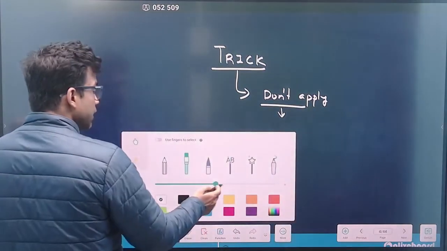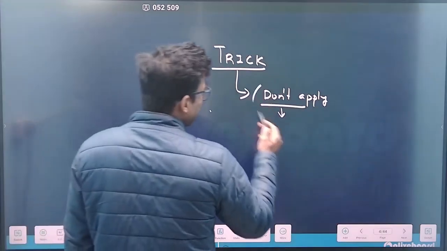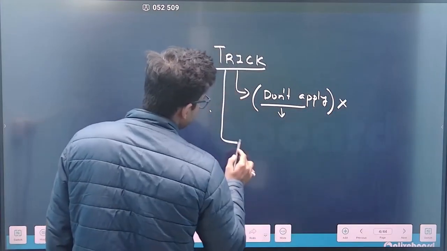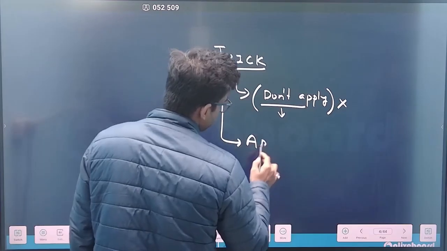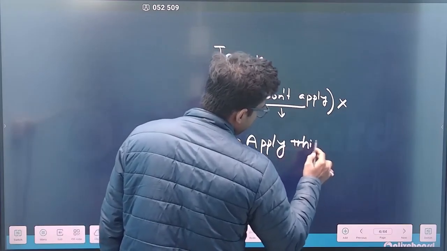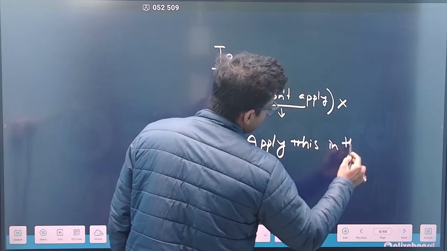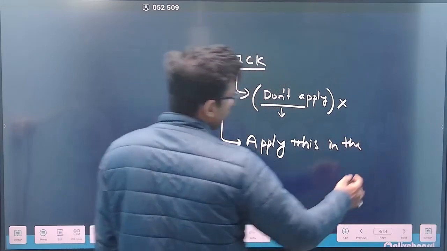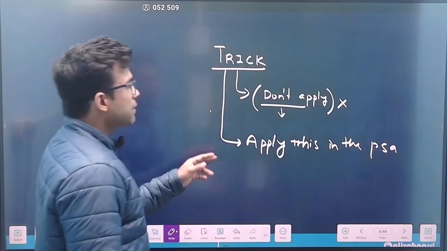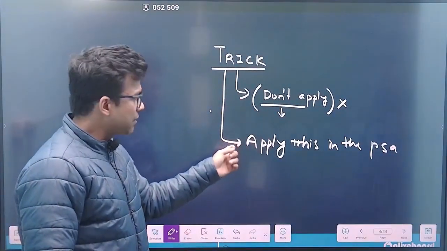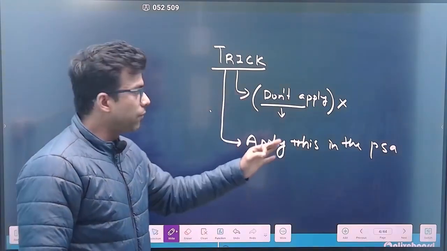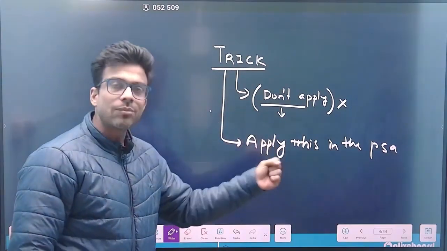If you don't apply the trick, you will just say, okay, sir, wow, this I know. So I think that this is a waste of time. Please don't go for it. Learn the trick which you apply in the problem solving approach. Two things are there: first, you don't apply the trick; second, you go for the problem solving approach. Always go for a trick which you can apply in practical life.